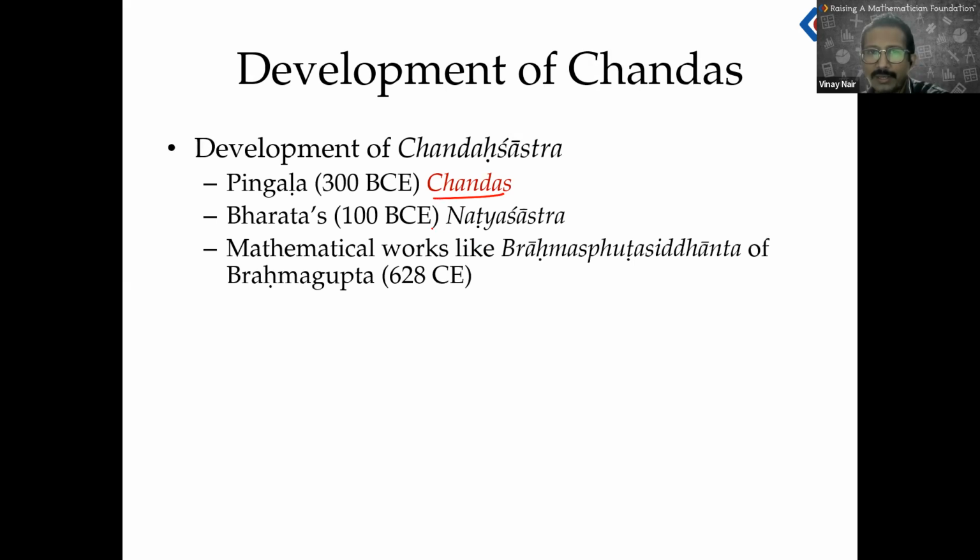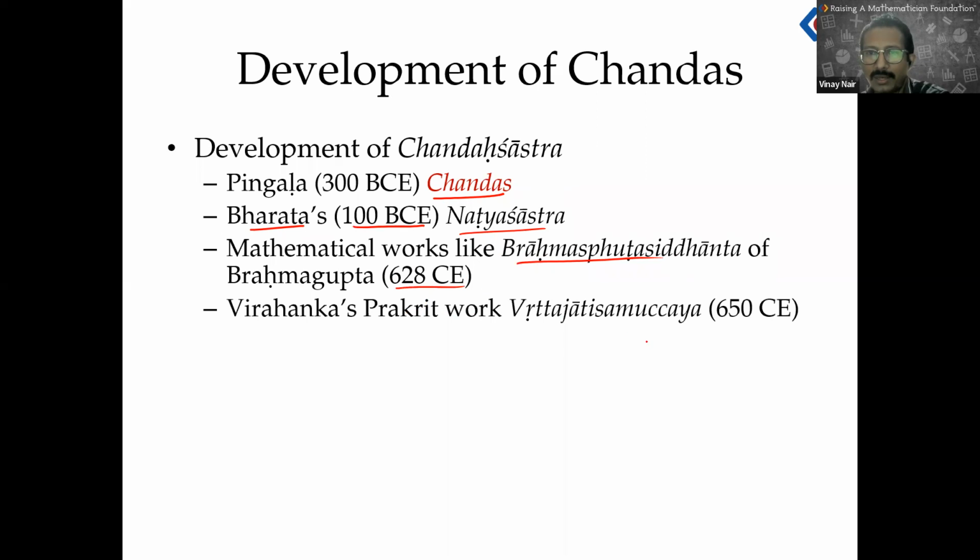Pingala we see at 300 BC. Then there is Bharata, who wrote Natya Shastra, Bharata Muni, Bharatanatyam that you would have heard, 100 BCE. In that also, they explain permutations and combinations. And then Brahmasputa Siddhanta, in that also we see combinatorics. Virahanka's work, Vritta Jati Samuchaya, that also we see combinatorics.